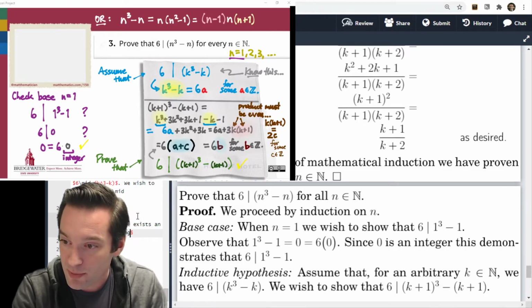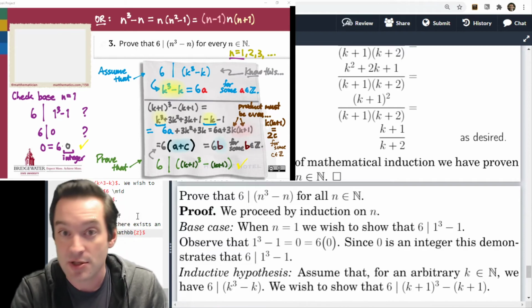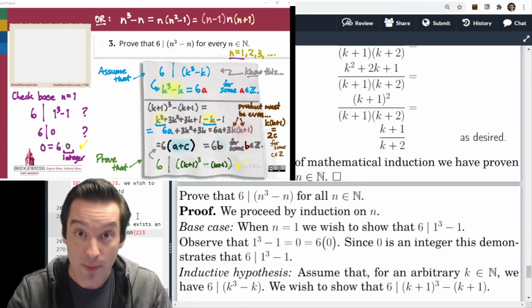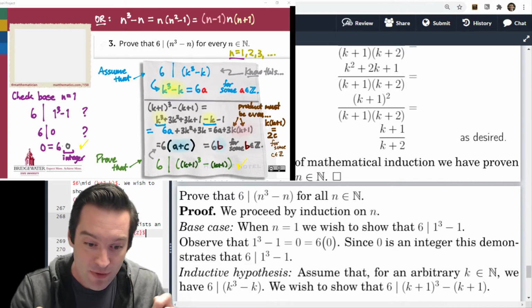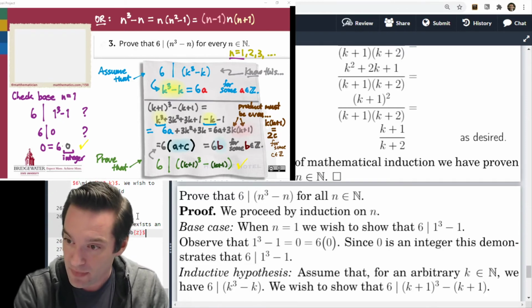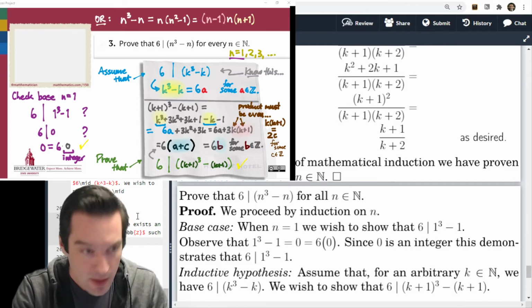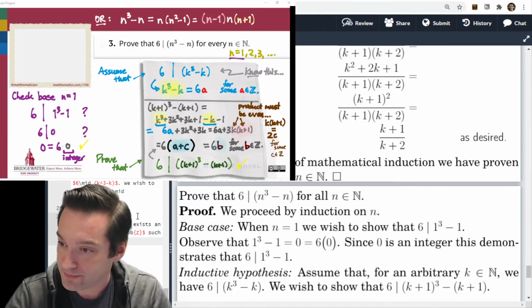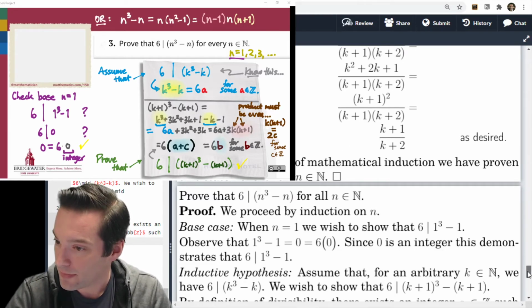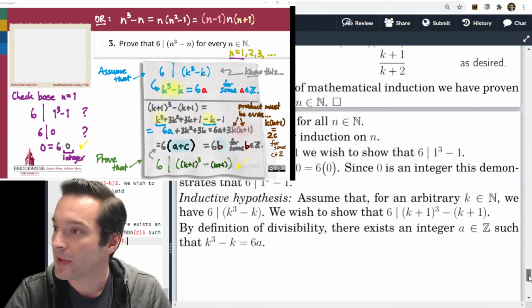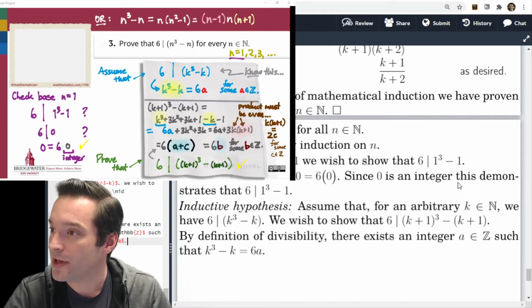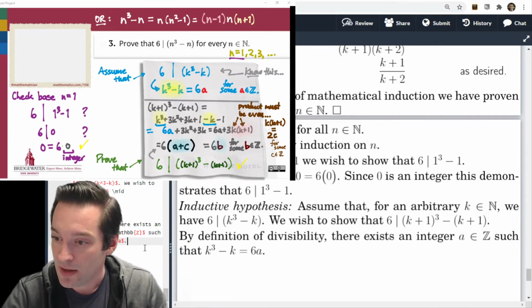And again, it's always good practice, before you use the name of a new variable in any sort of equation or expression, you have to tell the reader where it comes from. And this a is coming from the definition of divisibility. There exists an integer a such that k cubed minus k is equal to 6a.